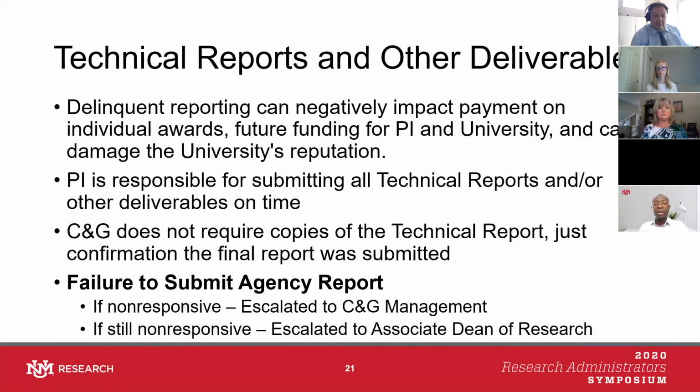And if they cannot get a copy of the report, this is escalated to the OVPR office to make sure that we get a copy of the report. Generally, we do not need a copy of the full report. We just need a screenshot, something to indicate that the report has been submitted to the agency.